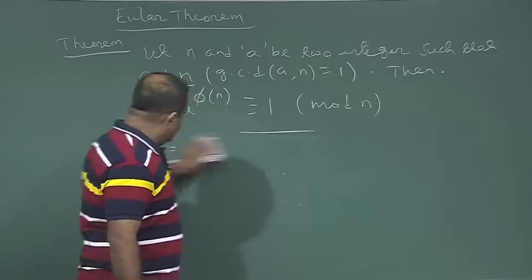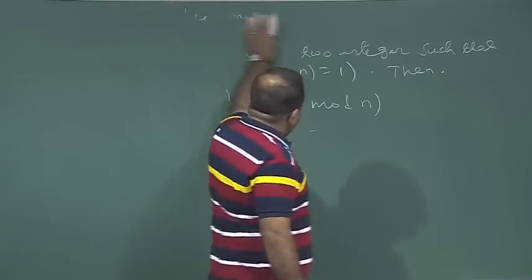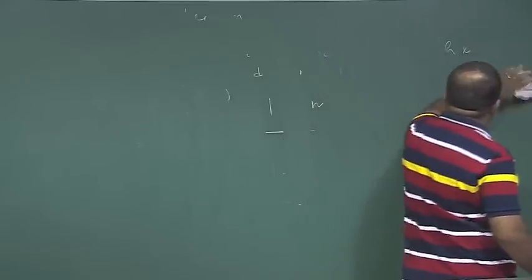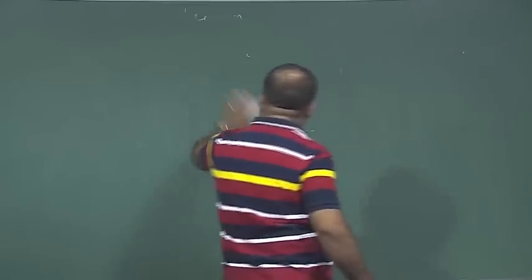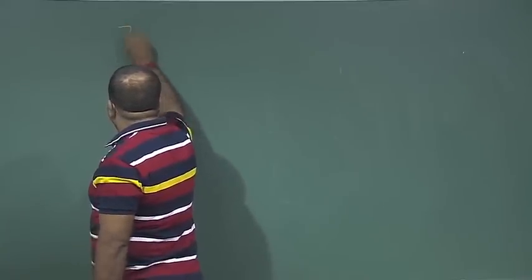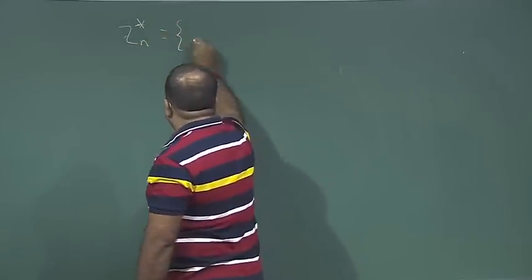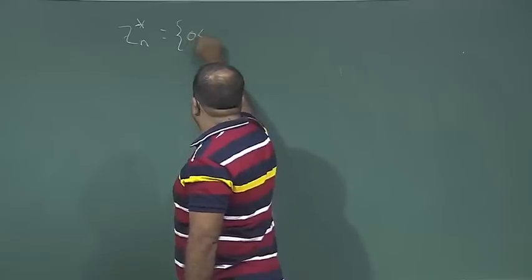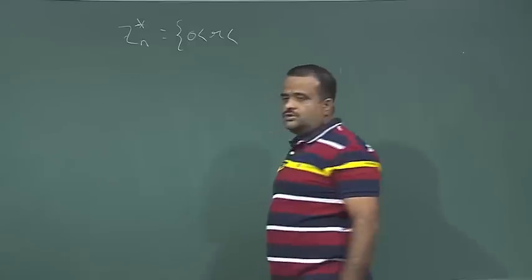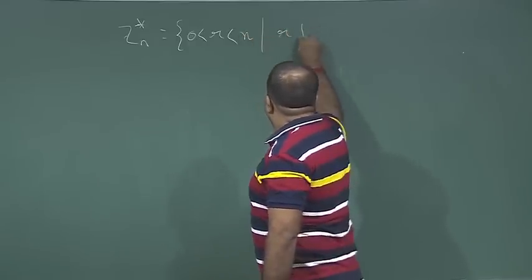Okay, so how to prove this? To prove this we need the help of what is called the reduced residue class. So, we have n as an integer. We know Z_n star is the set of all non-zero positive integers less than n such that they are co-prime to n.